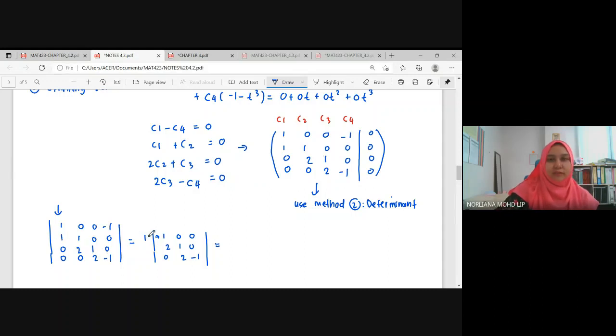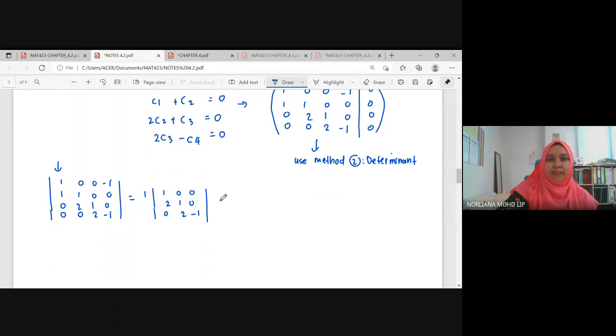Okay, so 1. Ada lagi satu lah ni. Okay, negative 1 lah. Tutup ni, akan dapat 0, 0, negative 1, 2, 1, 0.